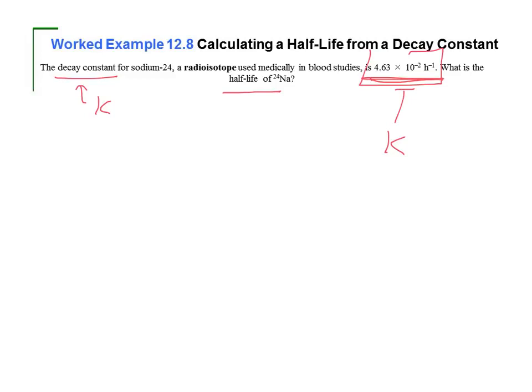They want to know the half-life. Remember, half-life is 0.693 divided by k.